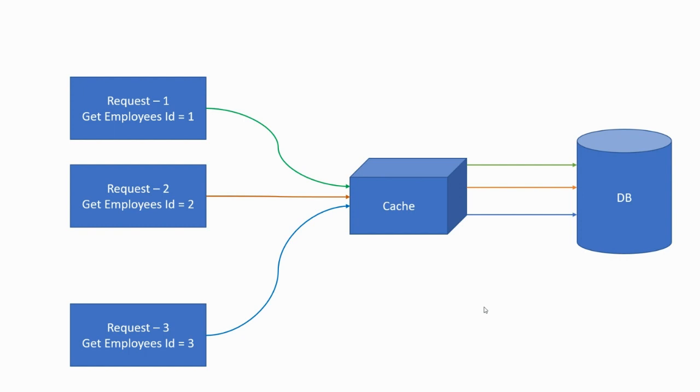What it means is whenever a particular client requests a particular employee record with a particular ID, we will fetch all the related data from the DB at once and update the cache.